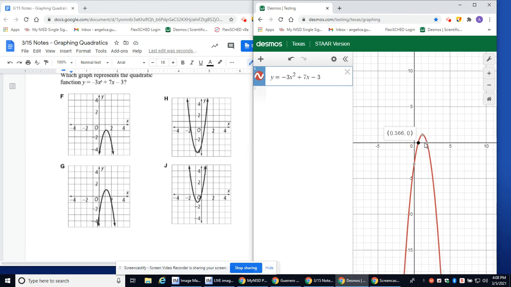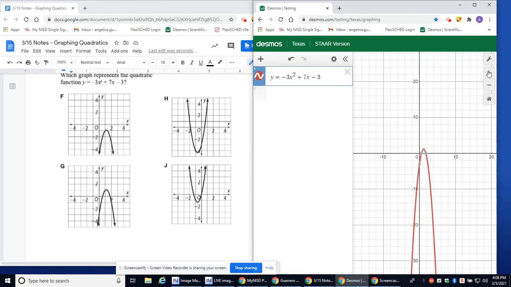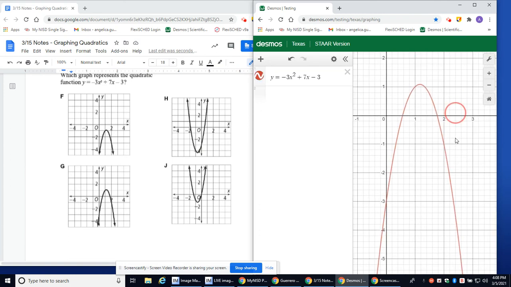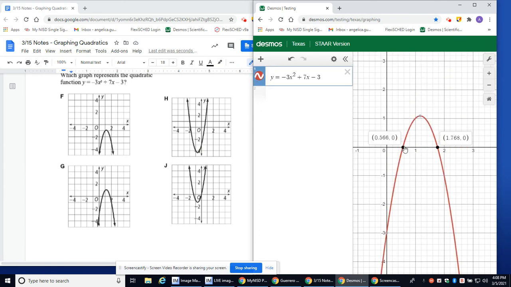I also want to recognize that my x-intercepts are intersecting at decimals here, and my vertex is a decimal as well. But I can identify my y-intercept to be 0, negative 3. So when I look at the two graphs left, the one graph that is crossing correctly on the y-axis is G. So G would be the correct answer in this situation.